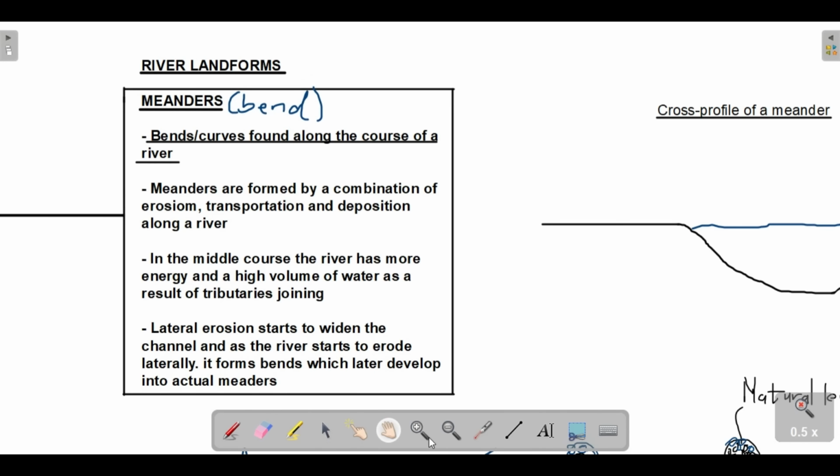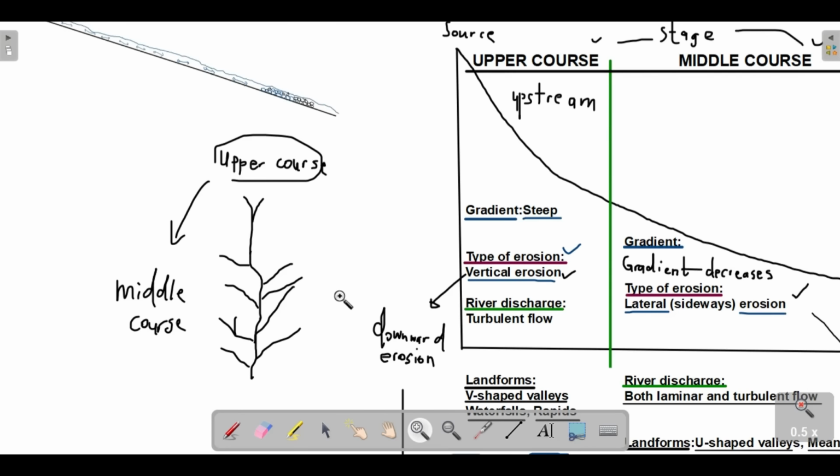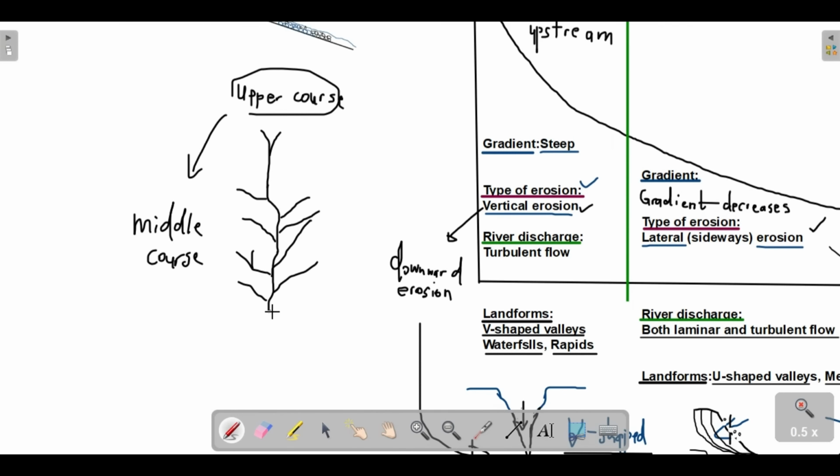And these are really caused by a combination of fluvial processes. They are caused by erosion, transportation, and deposition along a river. So now what happens, as we said, guys, the one distinct difference between the middle course and the upper course is that the middle course has a higher volume of water because of many tributaries joining the main river channel.